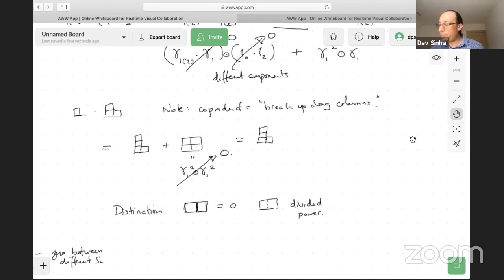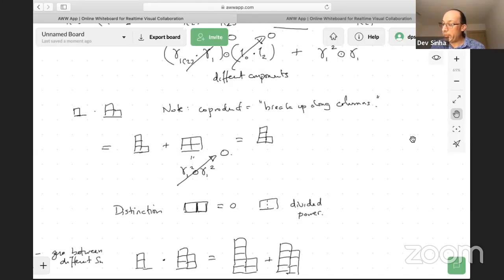let's give some more examples. What do I want to do next? Again, let's maybe just do an easy example. And again, because column stacking is commutative, even though I end up with, say, this, what I'm doing is just sort of putting this here to get the first term.